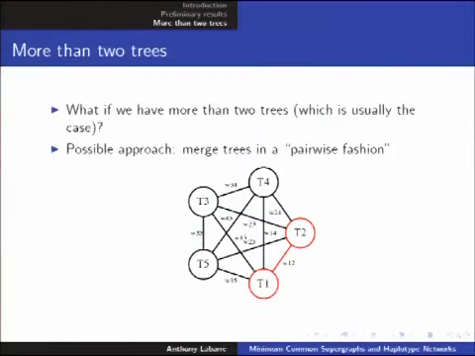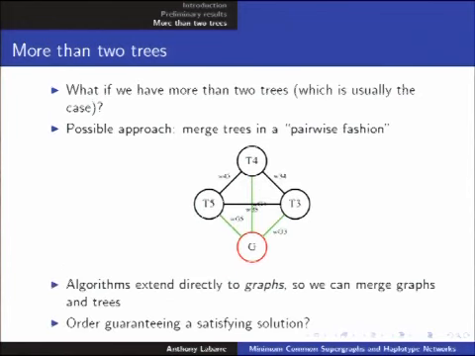And then we get a new graph, G, which is the union of those two trees, which is an optimal solution. So it is a minimum common supergraph of T1 and T2. And then we can go on using the algorithms I've shown before and repeatedly merge G with the other trees. The algorithms don't rely on the hypothesis that the trees you use are actually trees, so you can use directly those algorithms I presented before.